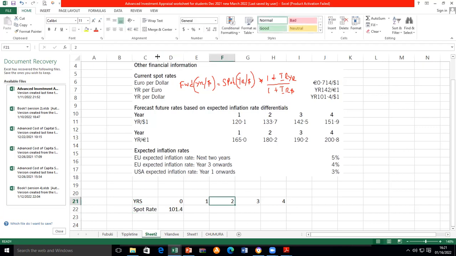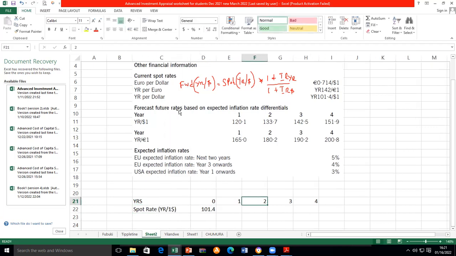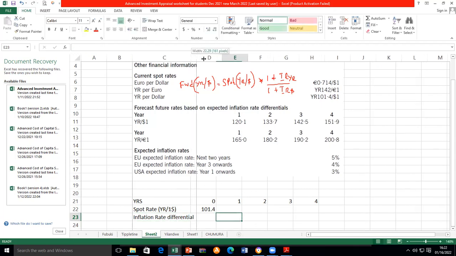That's what it is. What's the inflation rate differential?